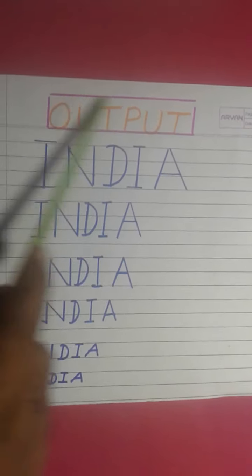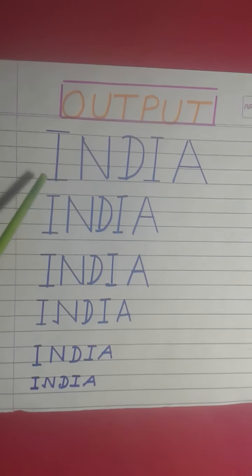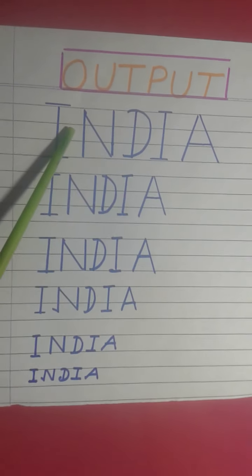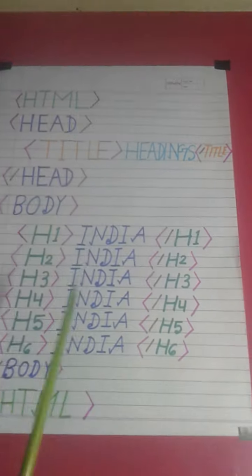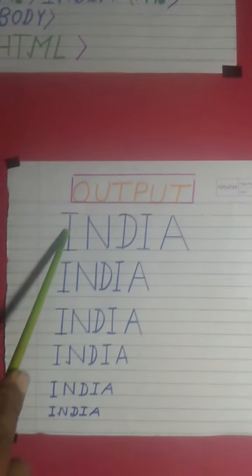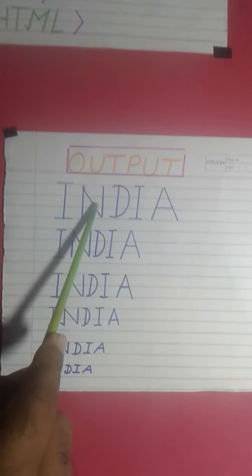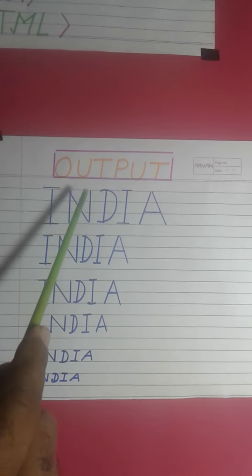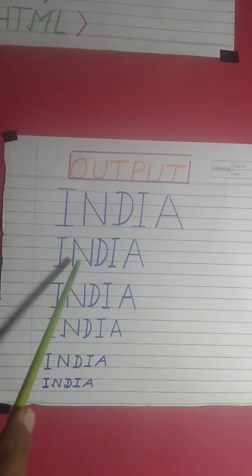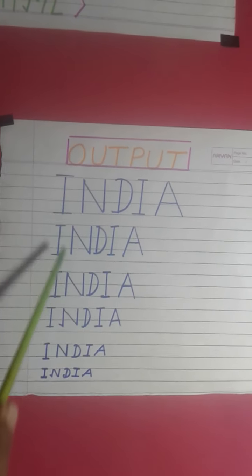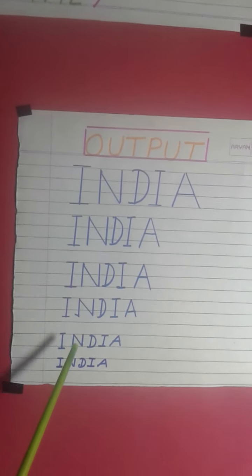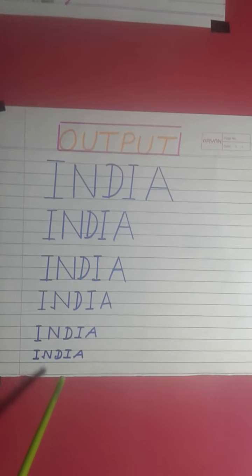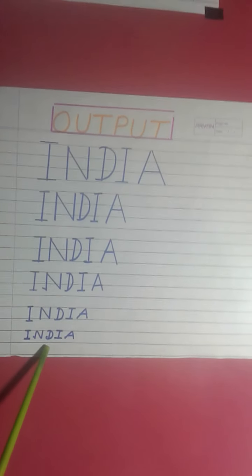See the output. 6 levels of headings. Here H1, and see the heading. This heading is bigger than the H2 heading. This is for H3, this is for H4, this is for H5, and this is for H6.